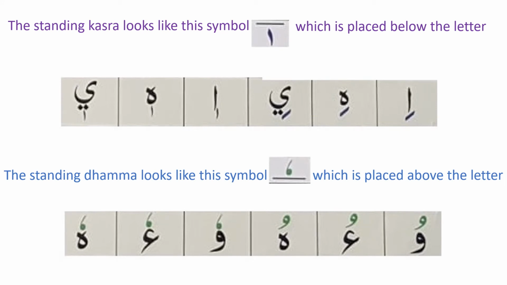Now the standing dhamma symbol looks like this, and this is placed above the letter. So let's look at this box again. We have waw dhamma wu, hamza dhamma u, ha dhamma hu. Waw standing dhamma wu, hamza standing dhamma u, ha standing dhamma hu.